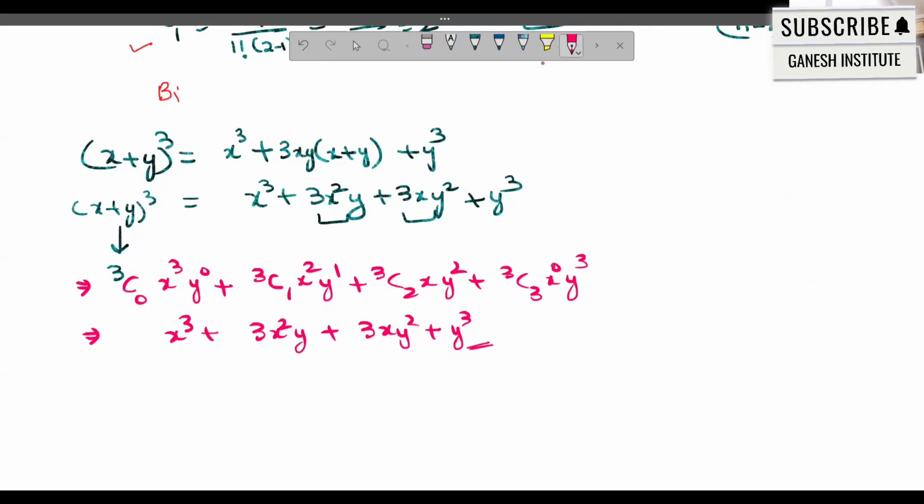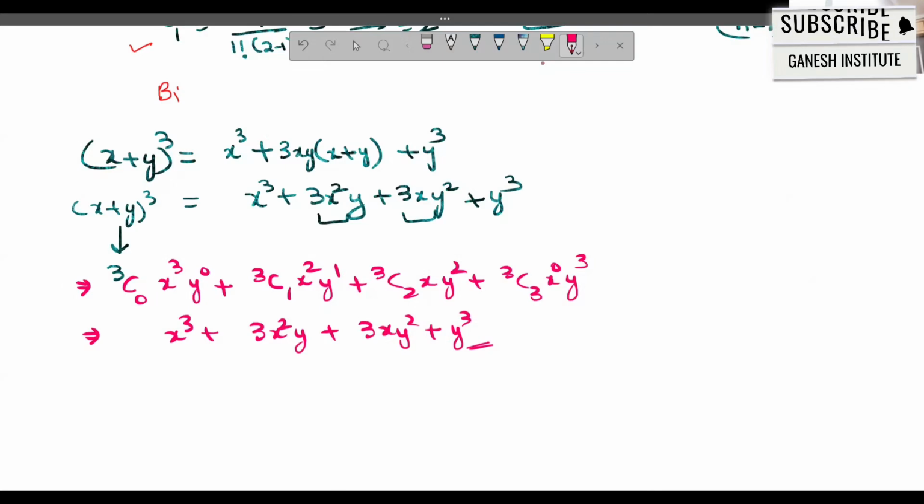Therefore, 3c3 is also 1. Therefore, that gives us x cube plus 3c1, which is equal to 3.